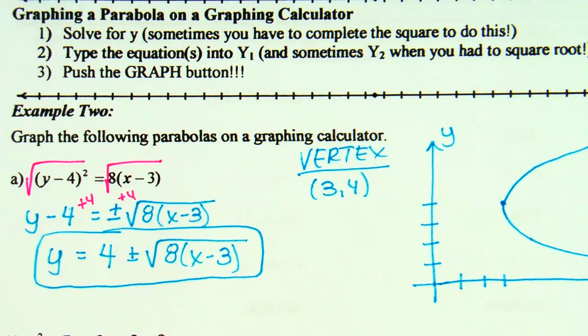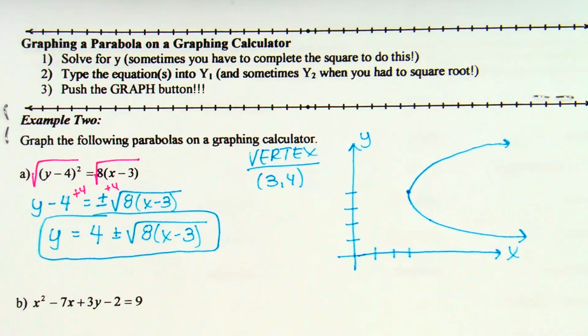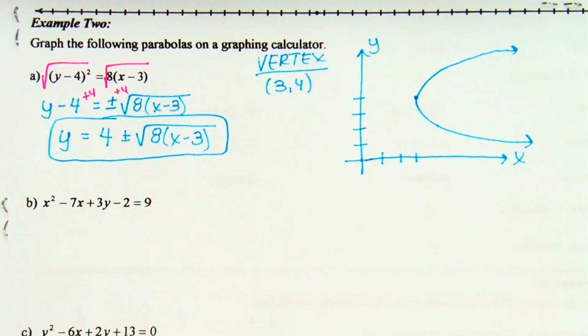But that gives me an indication. Yep, and since that's at positive 8, we know it's either opening right or up. Since the square's on y, it's a left-right. Okay, so some ideas of what I expect there.